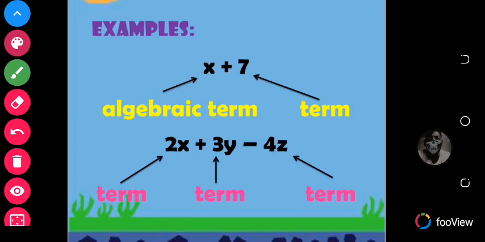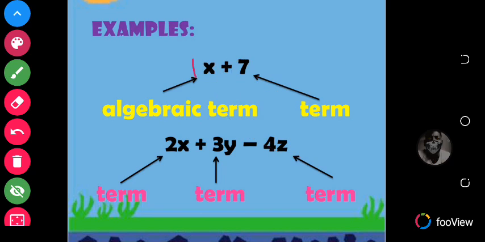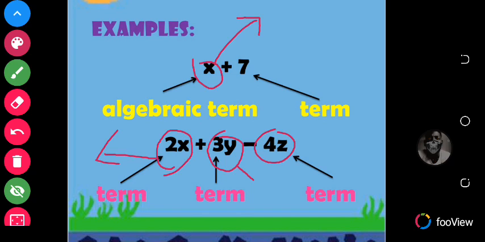So let's look at the difference between an algebraic expression and an algebraic term. This here is a term. This here is a term. This here is a term. This here is a term.